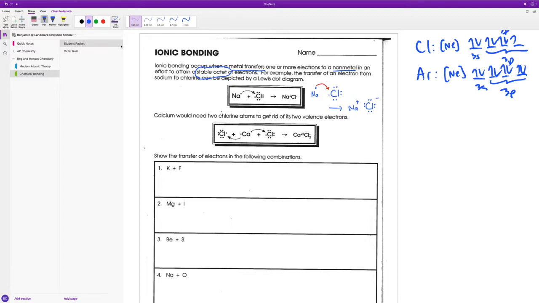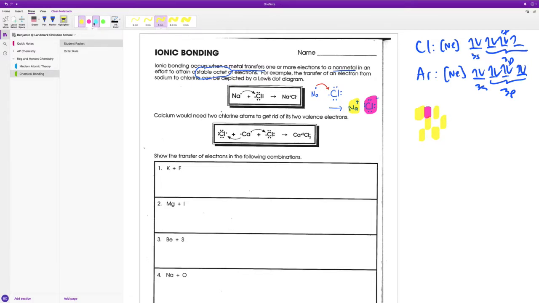And so the positively charged sodium ion and the negatively charged chloride ion attract one another, and of course that's how you get a nice crystal of sodium chloride, alternating cations and anions.